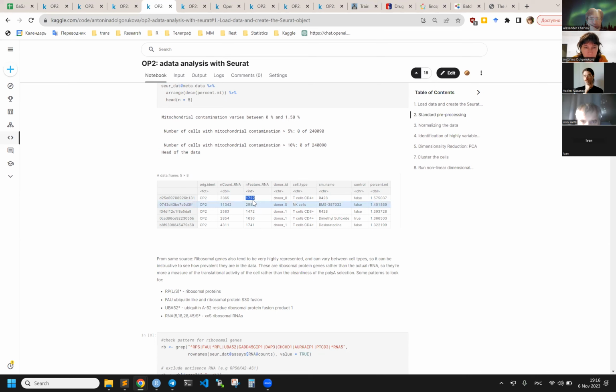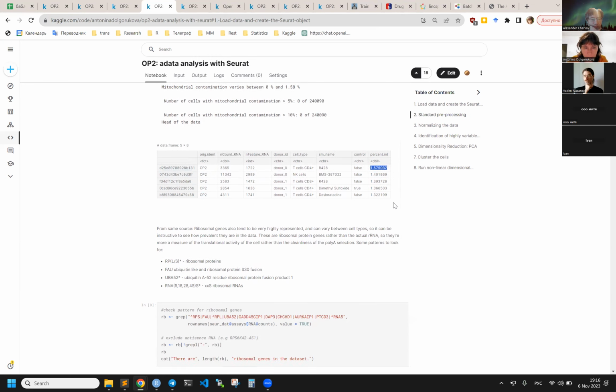And in this particular cell, there are 1,700 different genes. We already have this data pre-calculated just by creating the zeroth object. And we divide the number of mitochondrial genes in this cell by the overall number of genes. Here it is, and we get the percent of mitochondrial genes. Is it clear? Okay, thank you.